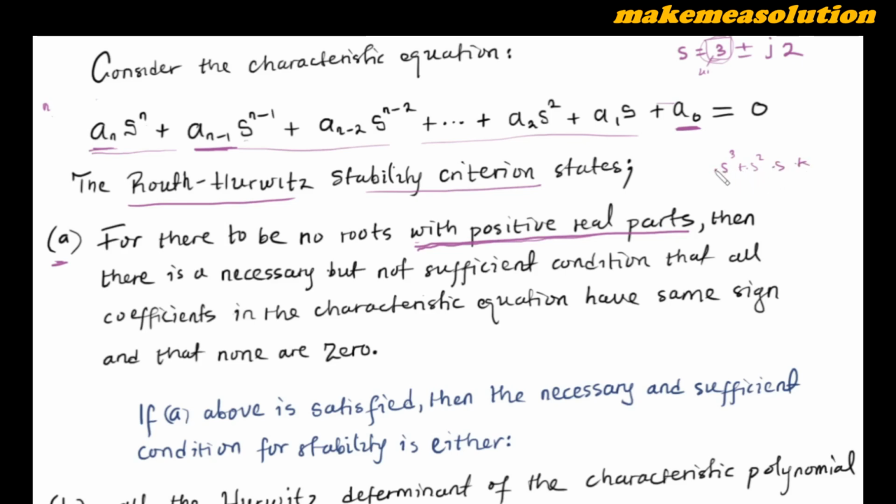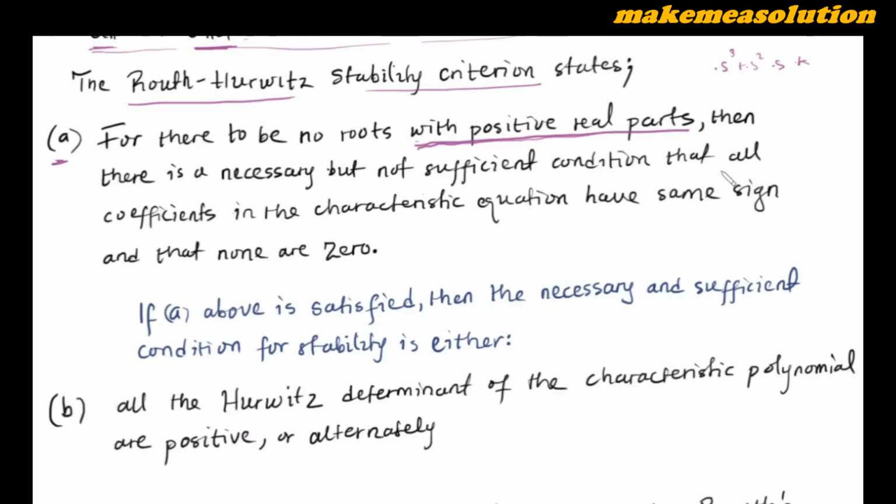So if all the signs are the same and no coefficient is missing, that means this first criterion is satisfied. Why do we normally refer to things like this in mathematics as a necessary but not sufficient condition?